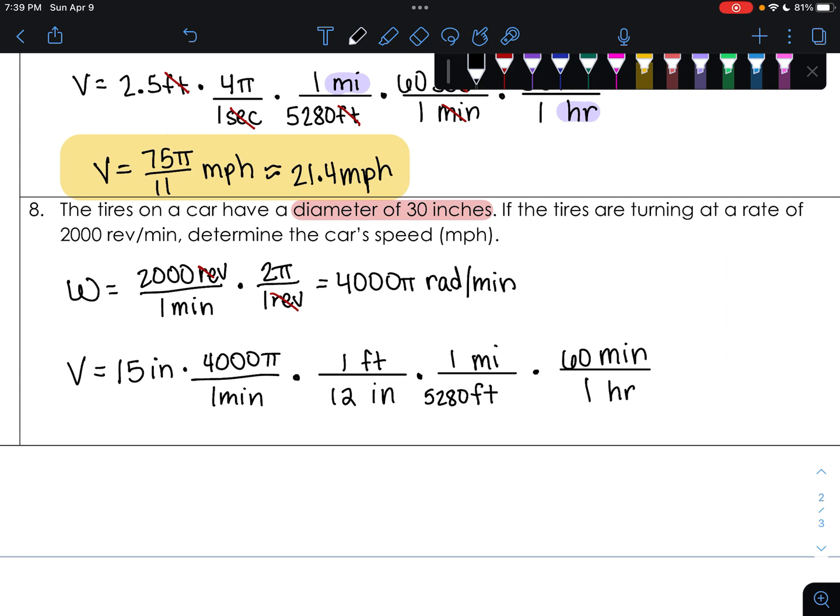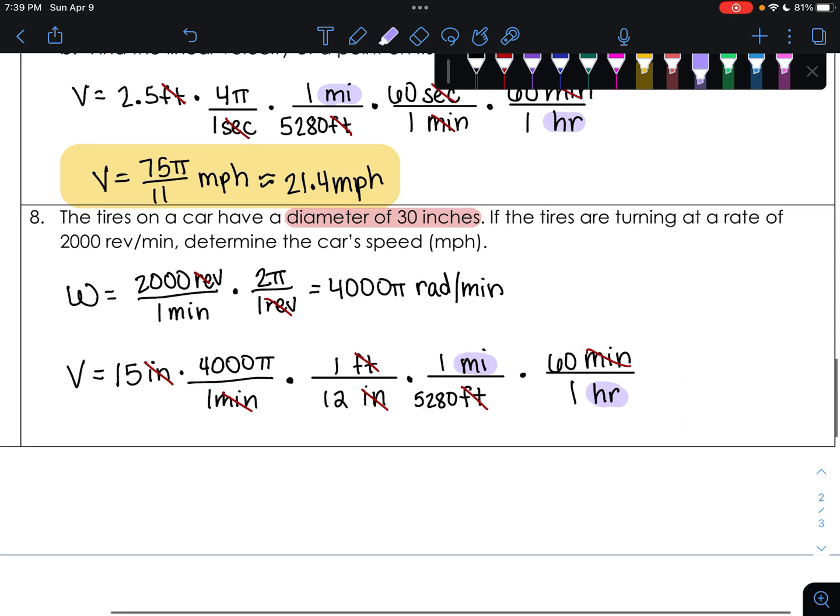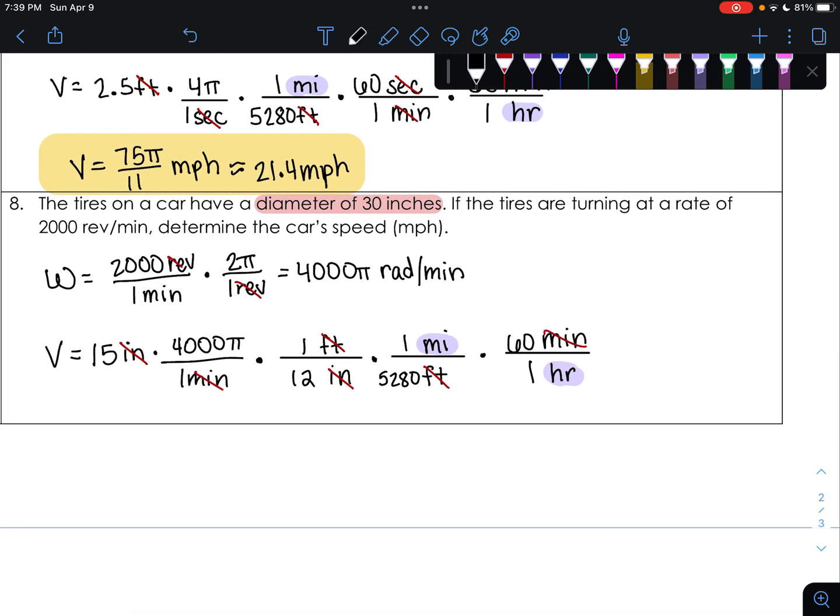Now we just make sure everything cancels out. Inches on top, inches on bottom. Minutes on bottom, minutes on top. Feet on top, feet on bottom. I look and make sure I have miles per hour, no other units left. So I'm going to multiply. On the top, 15 times 4,000 times 60.